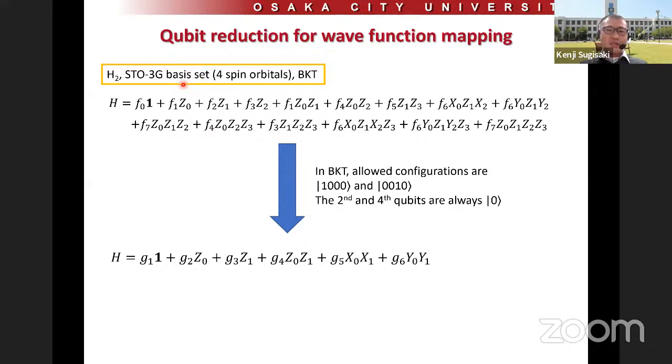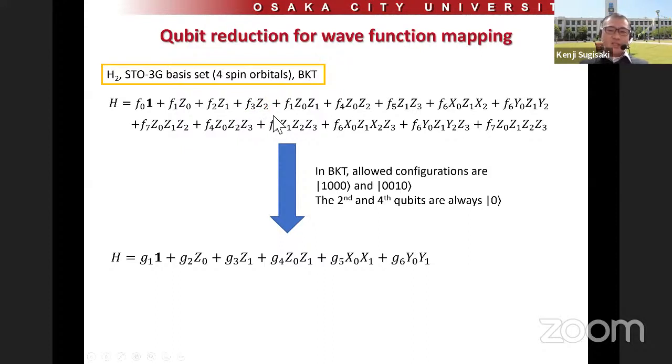So the system consists of 4 spin orbitals. The Hamiltonian can be written as shown here. This is a qubit Hamiltonian, and F1, F2, and so on are the corresponding Fermion operators.